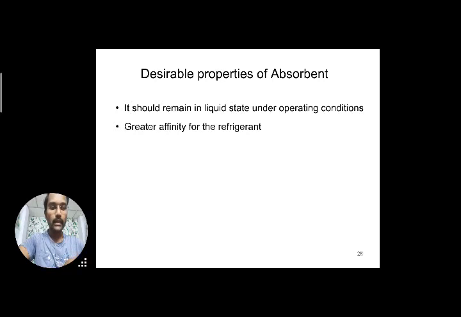At that particular temperature, the absorbent should remain in liquid state only, and not vaporize along with the ammonia, the refrigerant. If both get vaporized, this refrigerant and absorbent pair is useless. The absorbent must remain liquid under operating conditions, and have greater affinity for the refrigerant.